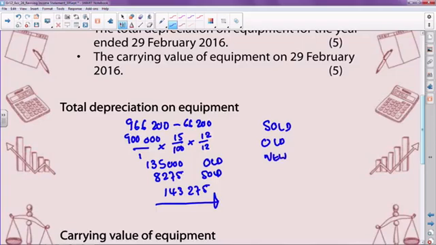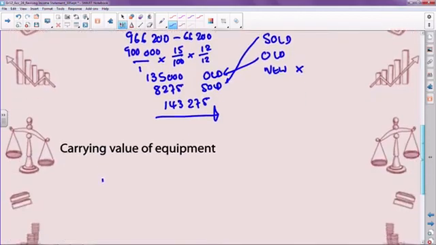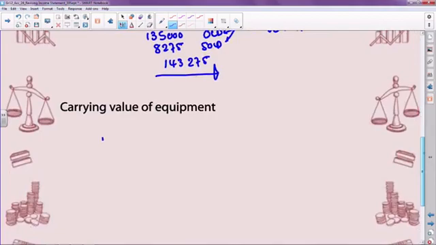This particular question had sold, there goes. It had old, there we go. It did not have new, so that was my total depreciation. Clear, guys?